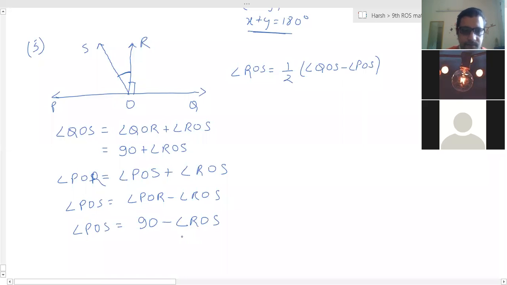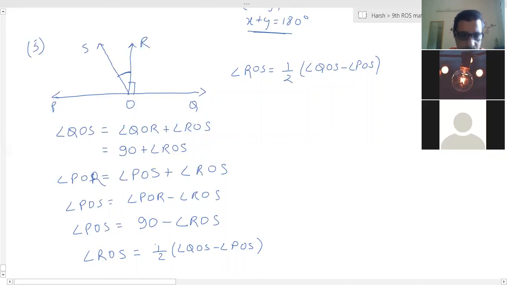Yes. So now we can substitute the values of angle QOS and angle POS in what we have to prove. Angle ROS equals half into angle QOS minus POS, that is 90 plus angle ROS.